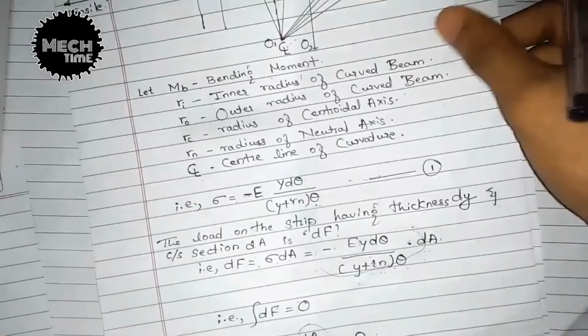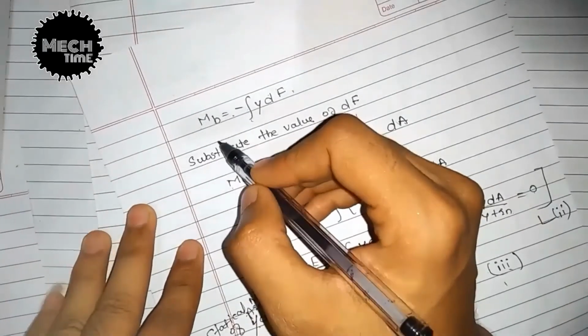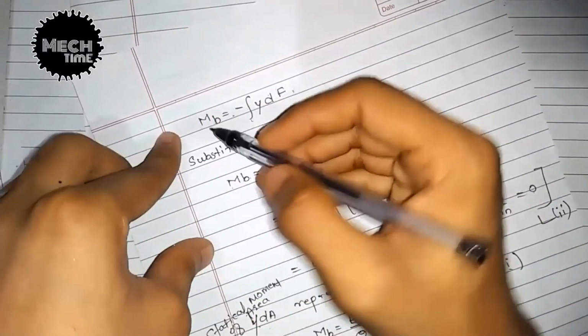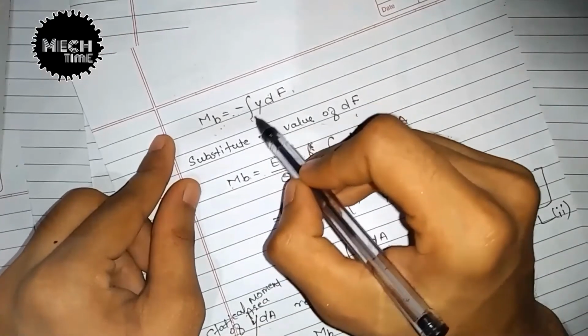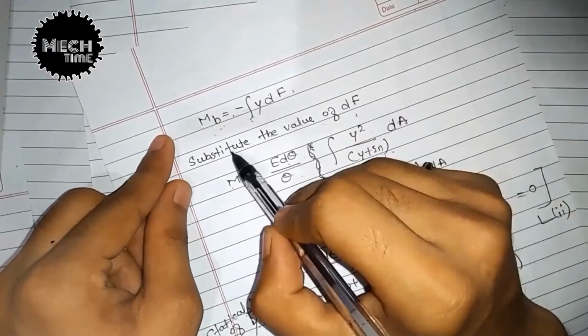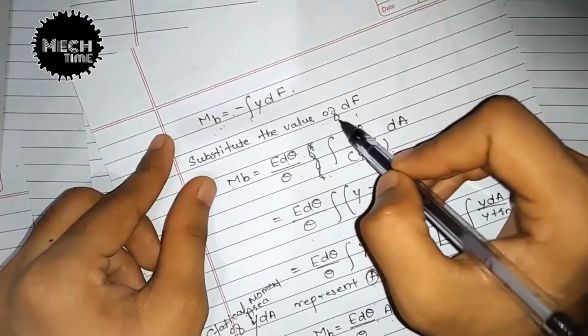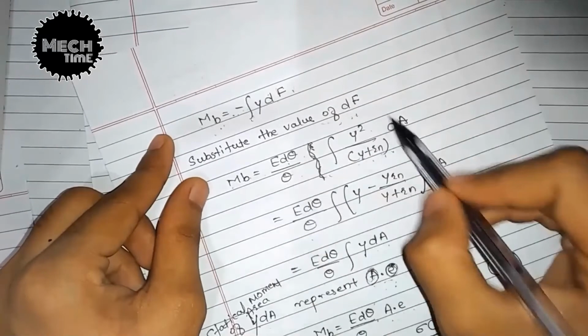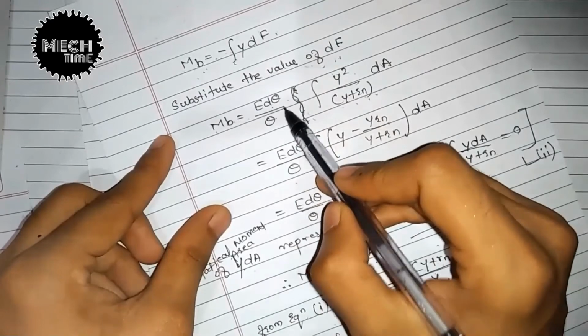I'll tell you where equation number 2 is. If the moments are taken about the neutral axis, the bending moment MB equals minus the integration of y dF. Substitute the value of dF. Now MB equals E d theta by theta times the integration of y square by y plus Rn dA.